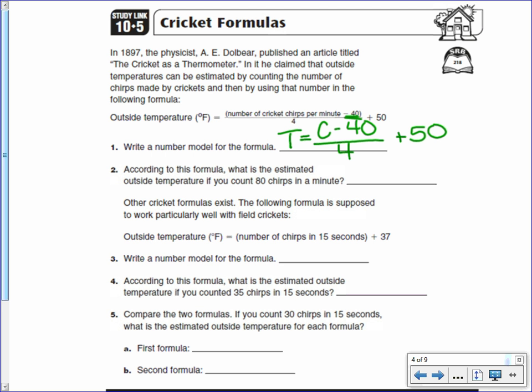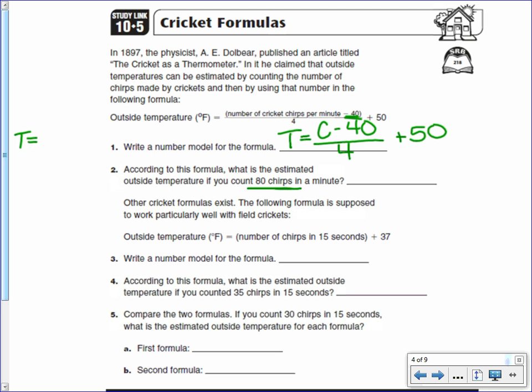So it says, according to this formula, what is the estimated outside temperature if you count the crickets chirping 80 chirps in a minute? Okay, so we don't know T, right? That's what we're trying to figure out. We want to know what the temperature would be. But do we know what C is? Yeah, it's 80, right?